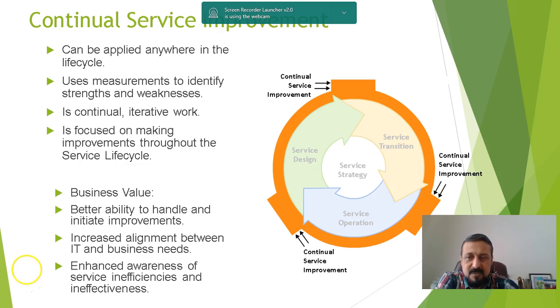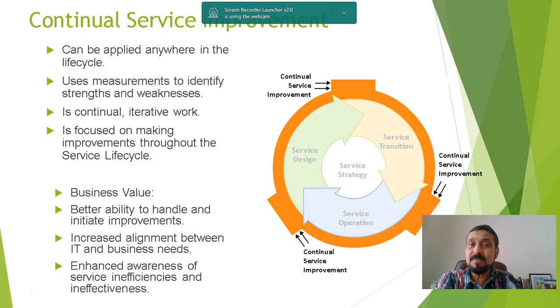The next phase, which is the last phase of ITIL, is called continual service improvement. As the name implies, it can be applied anywhere in the life cycle. So you're really looking at all the previous 4 life cycle phases and looking for ways to improve. It uses measurements to identify strengths and weaknesses, so that's really important.